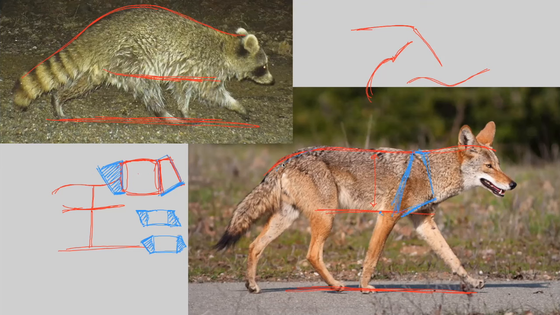The keystone in the back has an angle. So notice that the rump is down at a slight angle here. And then you have your body in the middle.